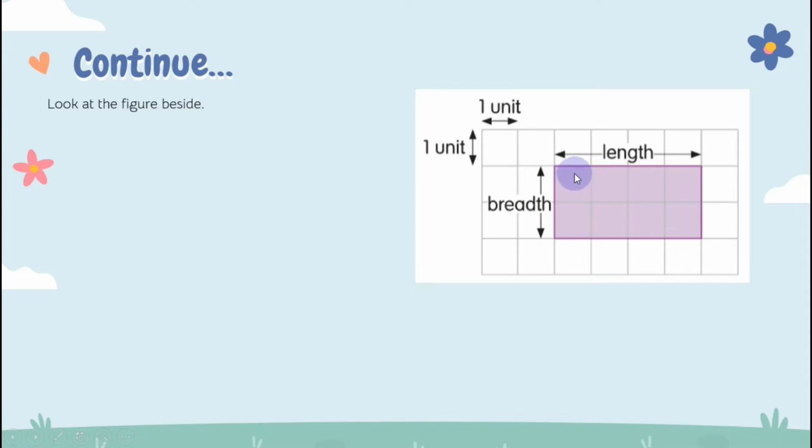The first, 1, 2, 3, 4. There are 4 units. 4 units, it's called length. And 1, 2. 2 units, we call it breadth.